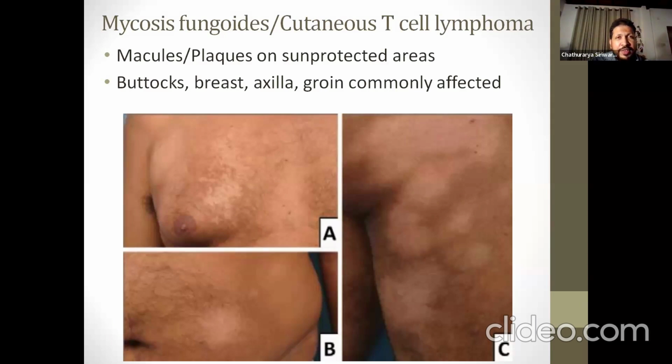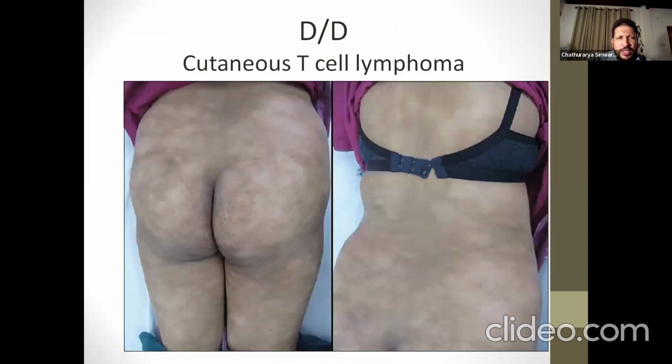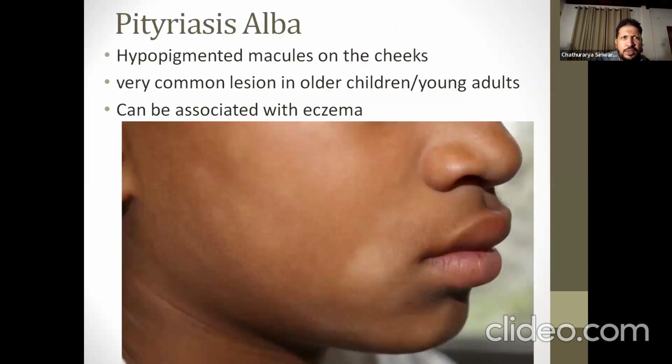But they also have preferential involvement of the groin and axilla, which we usually never see in leprosy. So if you treat a patient for pityriasis versicolor and the hypopigmented patches are not clearing, please do refer. It might rarely be a cutaneous T-cell lymphoma. So some more pictures of that. You can see demarcated hypopigmented patches. So please refer, especially if there's buttock involvement in lesions like this.